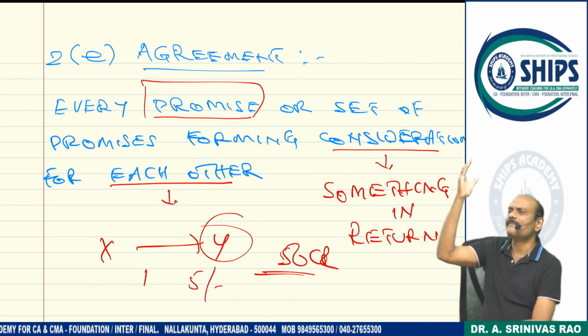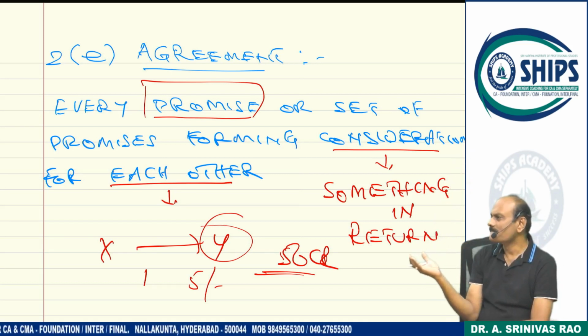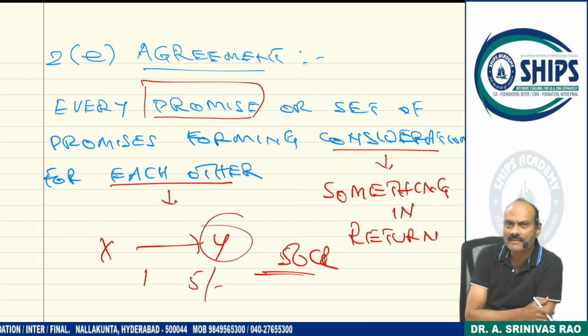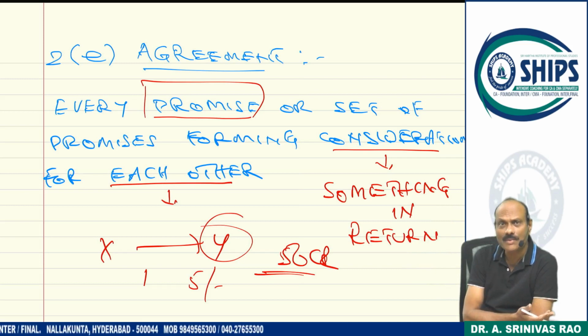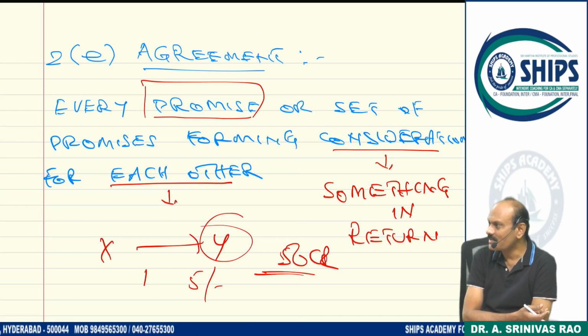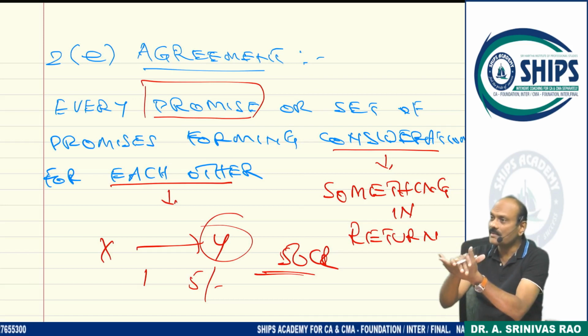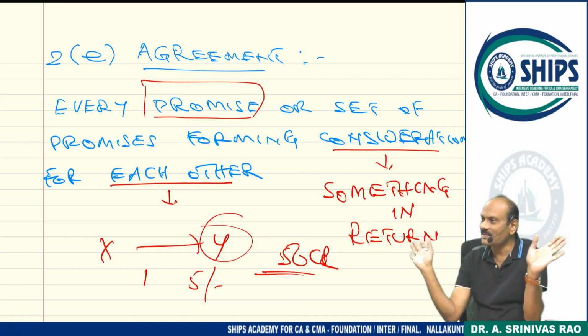Promise means, guys? Interesting. People don't know the meaning of a promise. Wow. First time I am seeing this. Students don't know the meaning of a promise. Then how can you make a promise? Without knowing the meaning of a promise, you make a word. Promise, promise, promise. You don't know the meaning of a promise.